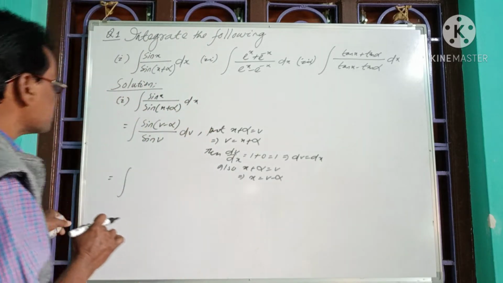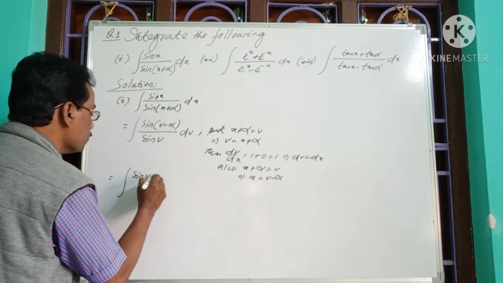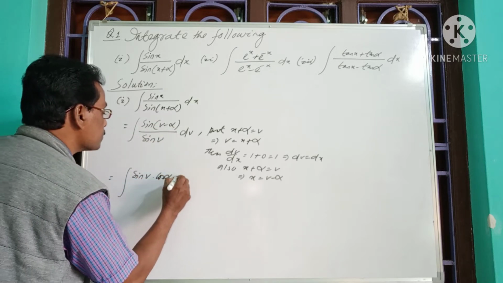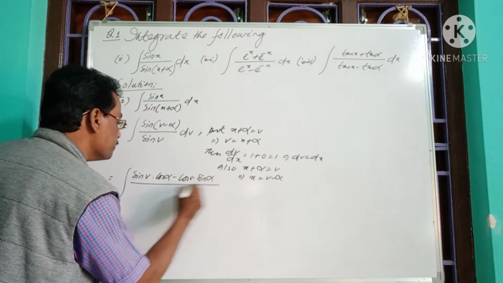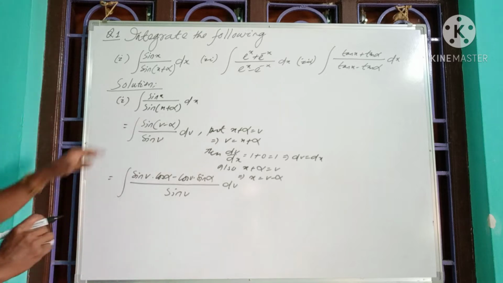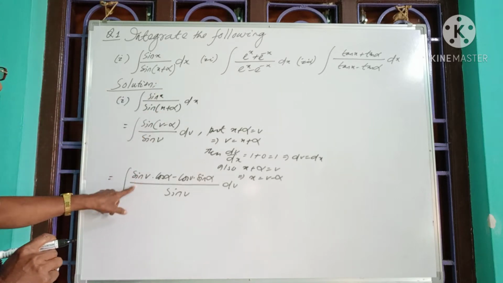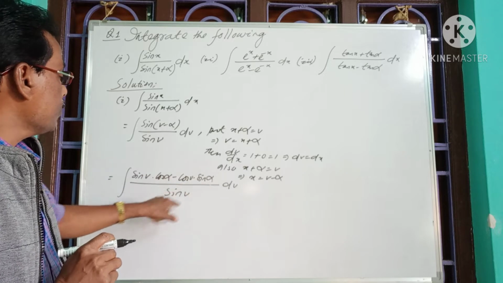So breaking sin of (v minus alpha), we get sin v into cos alpha minus cos v into sin alpha, by sin v, with respect to v.